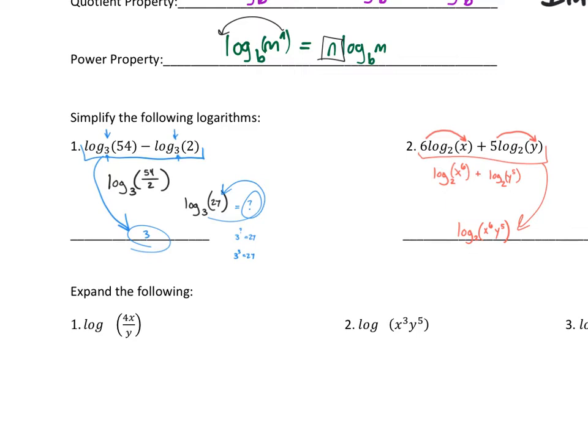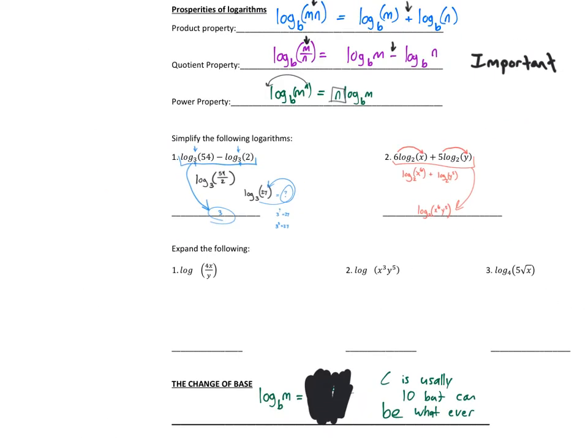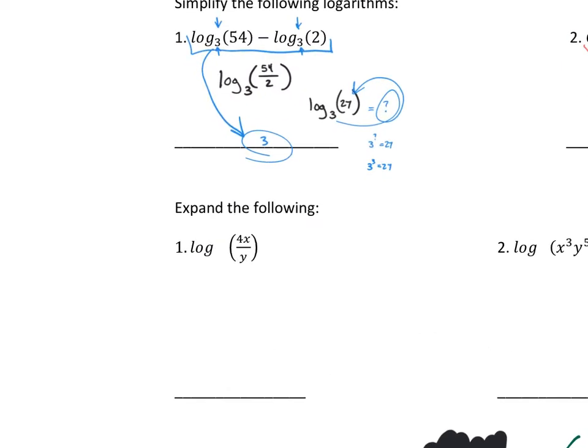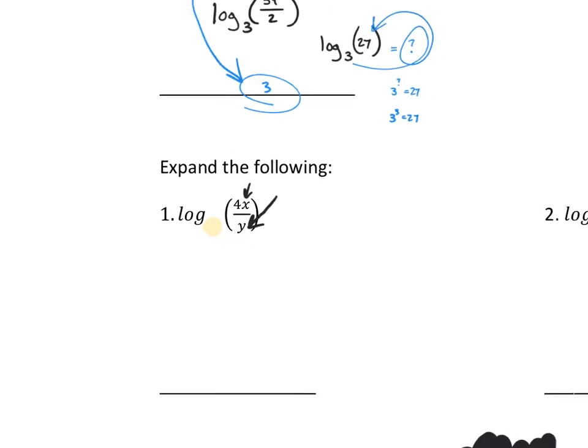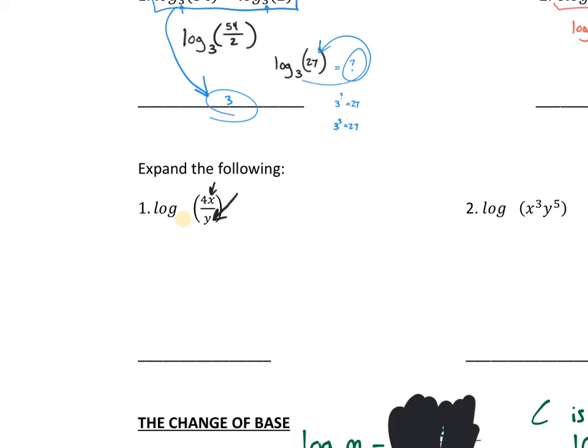So that's going one way through the rules. You can also go the other direction where you're asked to expand. Now, recall when there's no base, if you don't see a number there, it's an invisible 10. What we have to recognize is that we've got multiplication going on here, and we've got a division going on here. I do want to be clear on this example because people get very confused.